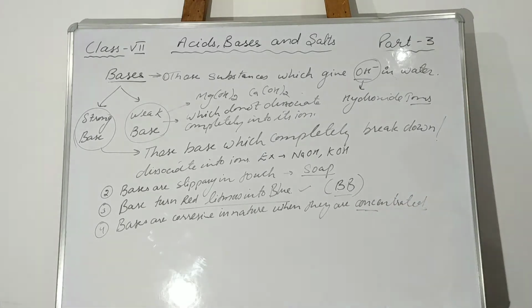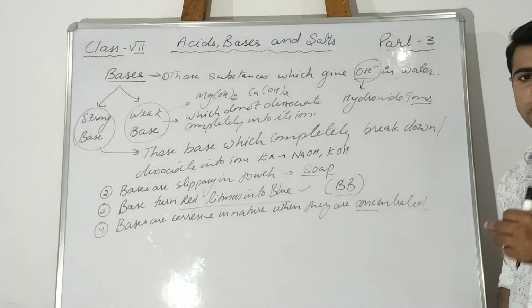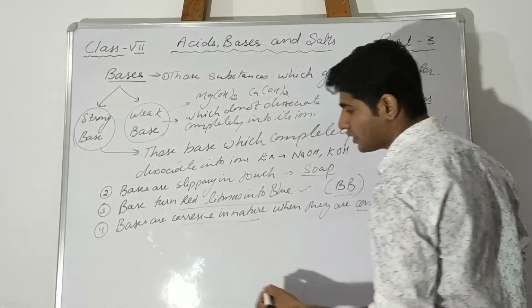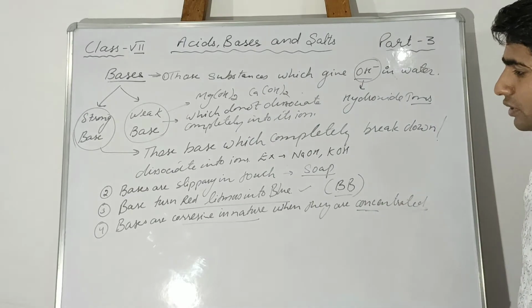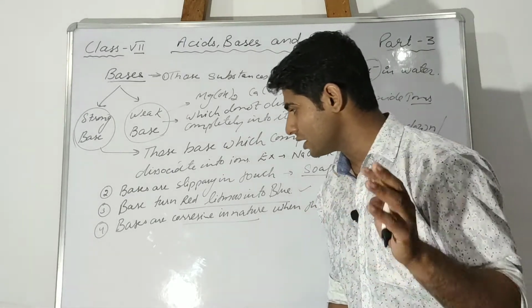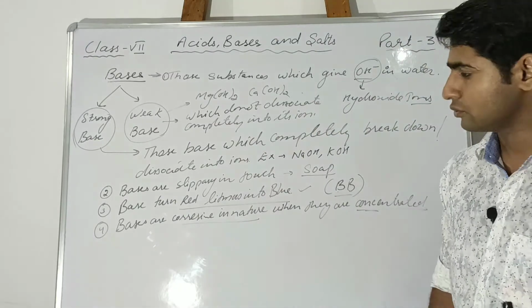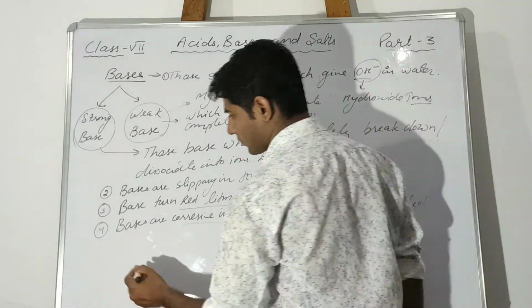Concentrated means they are in pure form, with less amount of water in them. And corrosive in nature means they are very harmful for skin. So we have to be very careful when we use concentrated acid or base. So we have to handle this with care.